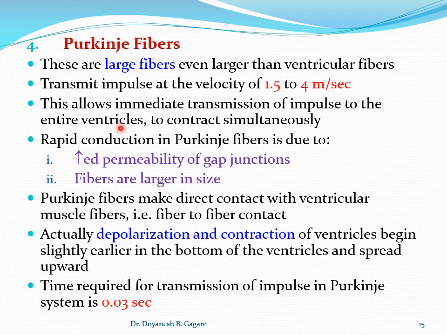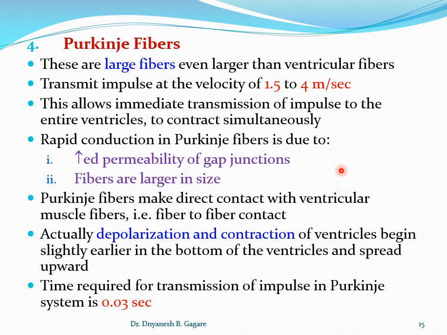You know, in the introduction I told you that the special conductive system allows the ventricles to contract simultaneously, and simultaneous contraction is required to generate force and pump the blood into the circulation. For this simultaneous contraction, the impulse should reach all ventricular fibers simultaneously.